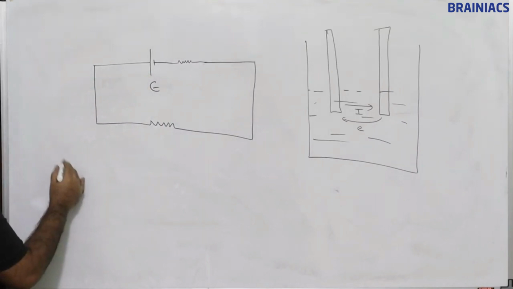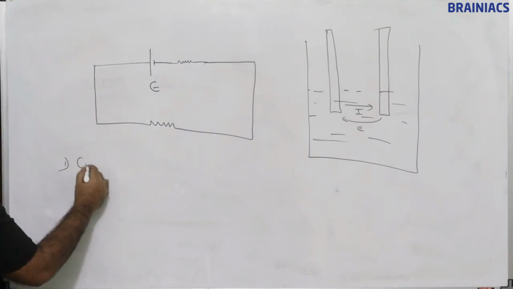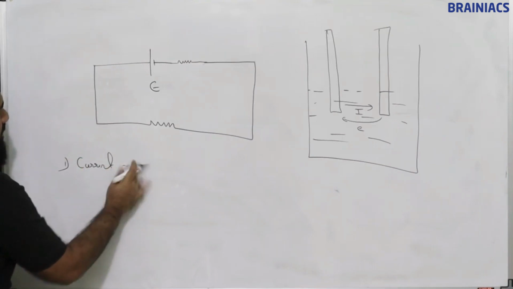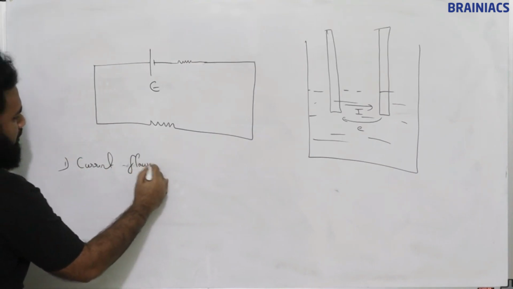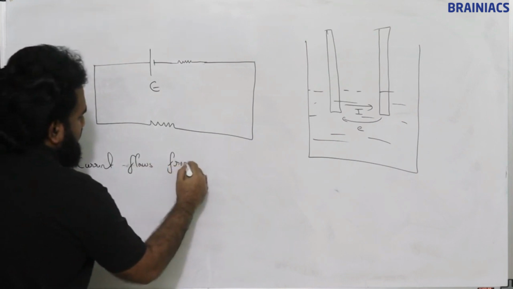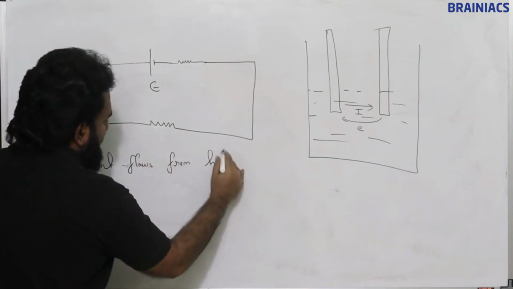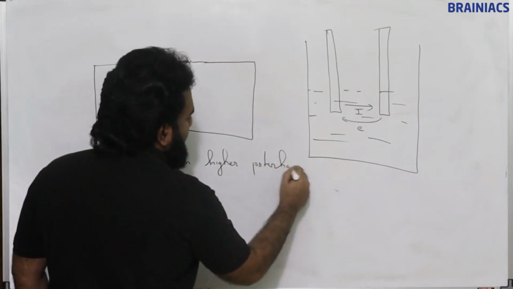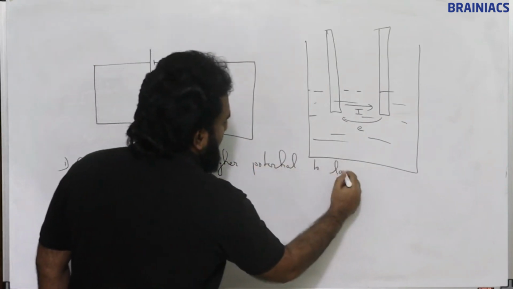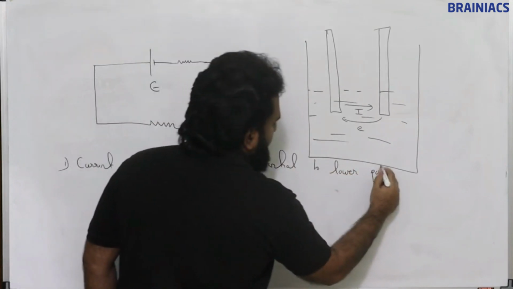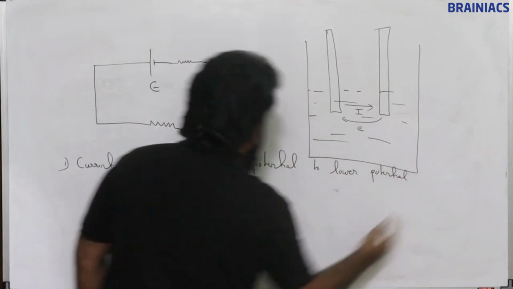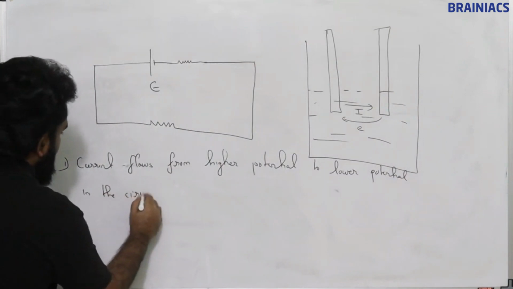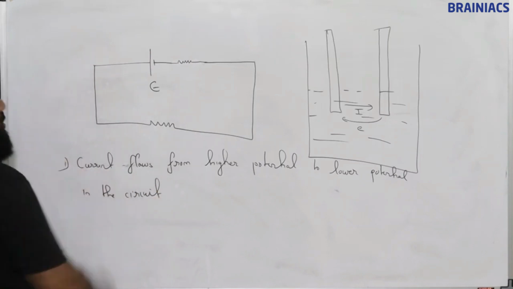One point is, generally we have studied that current flows from higher potential to lower potential in the circuit. So this point we should remember.